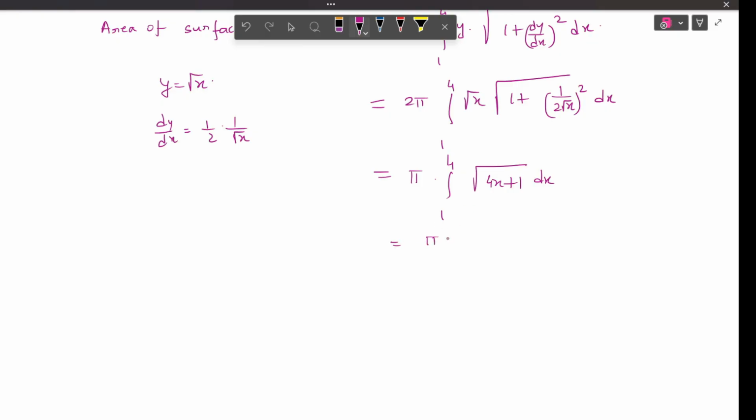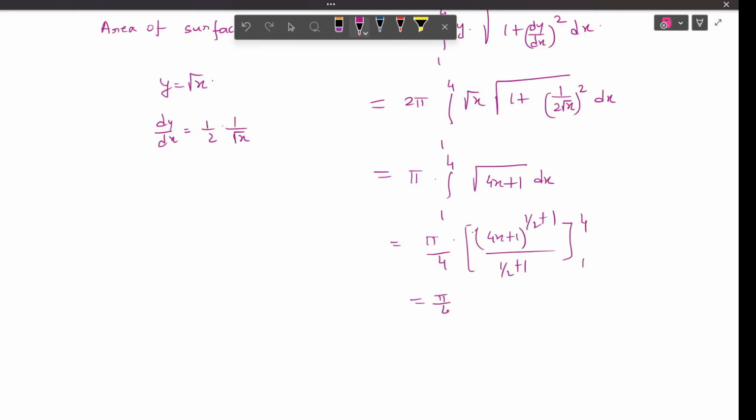And this is pi, and this is ax plus b format. So integration would be similar to what we know for x to the power n format. This will be 4x plus 1 to the power half plus 1 by half plus 1, and I have to divide by 4 because it is ax plus b format. The limit is from 1 to 4.